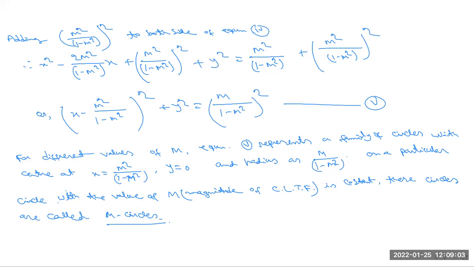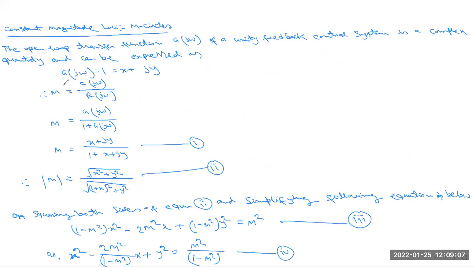So I just conclude this portion also. Consider here the unity feedback system, that is the open loop control system. This unity feedback control system you have to write in the complex form, x plus jy. We know from the previous that the output of the system by the input of the system, we have to put the value of G(j omega) in the complex form.